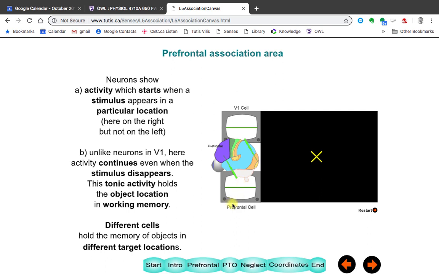So the fact that only an egg on one side gets activated for a long time is an indication of working memory, and the fact that it's only on one side and not the other side is an example of its spatial abilities. So different cells encode different locations.